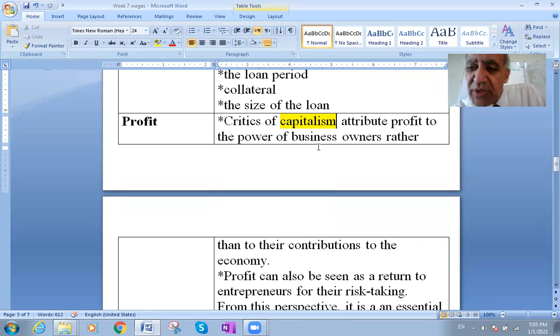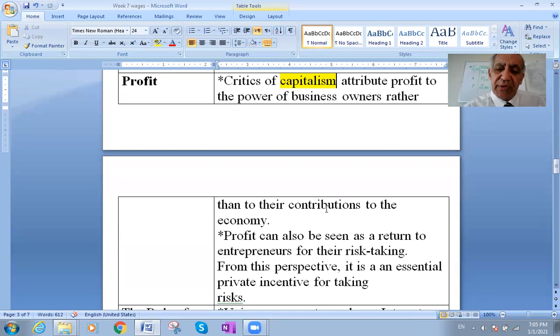Most of it goes to the owner of the business, not the worker itself. In simple words, profits are attributed to the power of business owners rather than to their contributions to the economy.